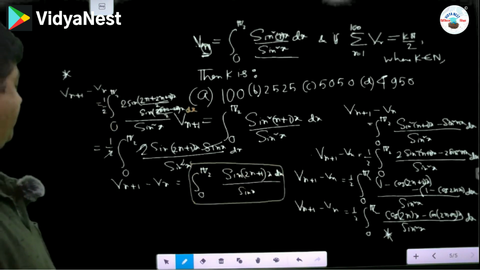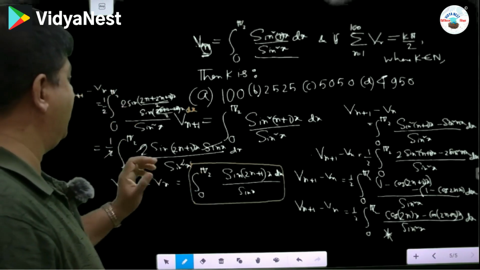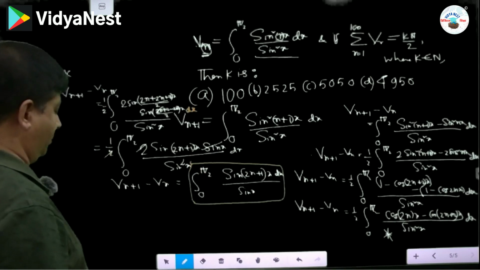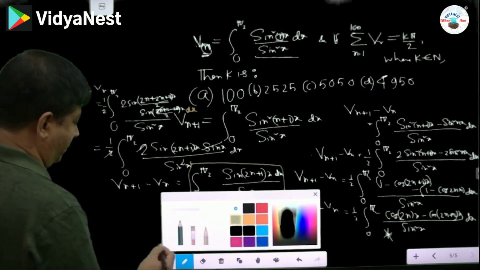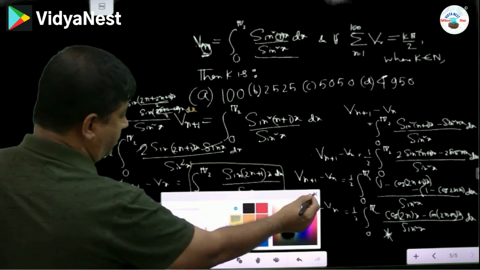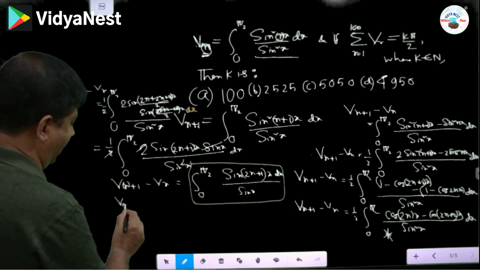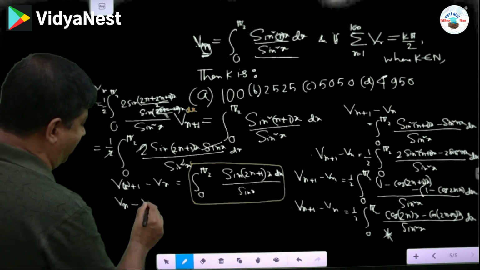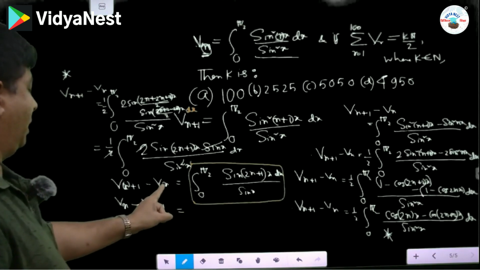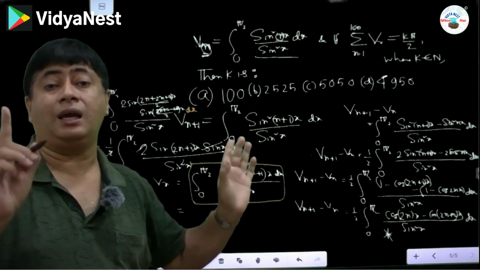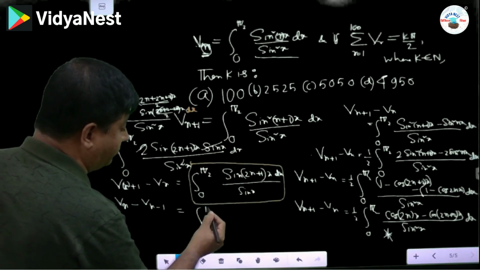Okay. Now, using mathematical induction, in place of n, I will put n minus 1, and that will give us Vn minus 1. In place of n, I am placing n minus 1. So it becomes what?